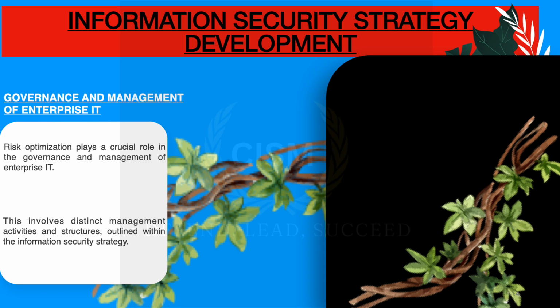Friends, this strategy serves as a blueprint guiding the information security manager in aligning IT practices with enterprise goals. Effectively managing the risk ensures the resilience and success of IT operations within the larger organizational context.